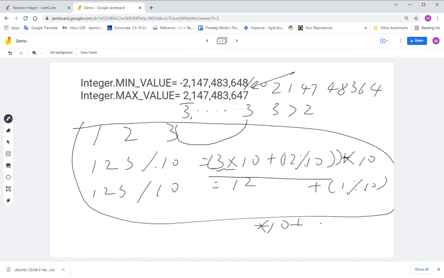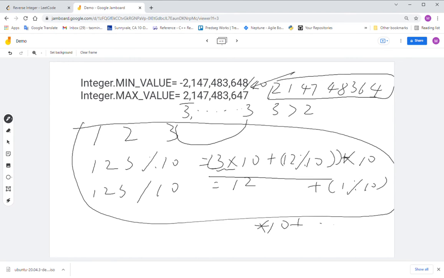So before we do times 10 and add the last digit, we compare the value. If the value before times 10 is bigger than this one, the final result must be more than the maximum, right?